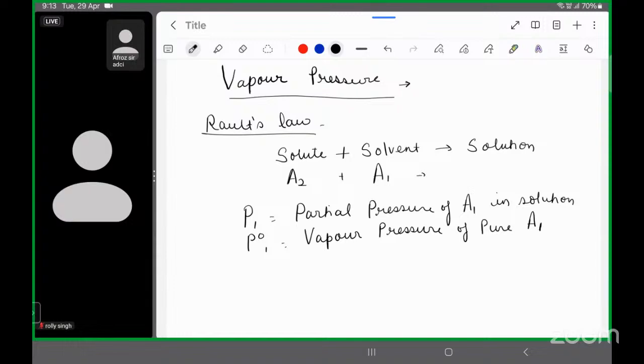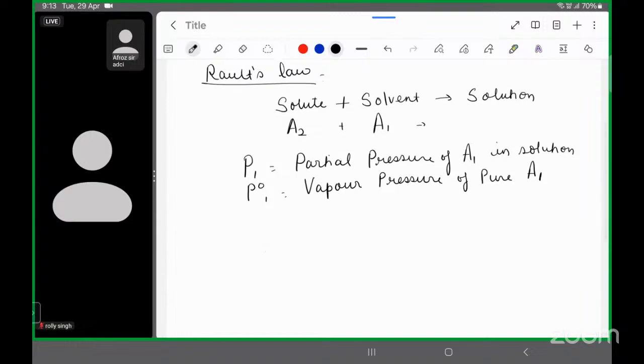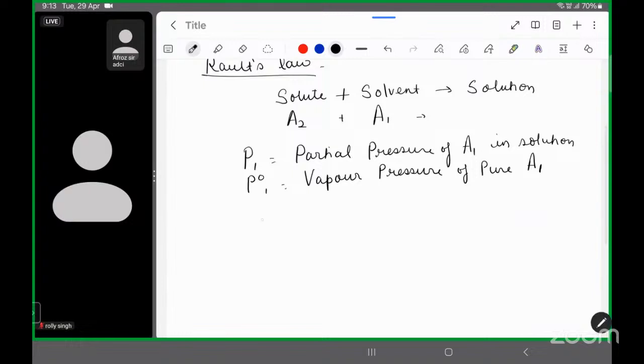When only water is there, it is called pure component water, and the vapor pressure exerted by the water is P naught of water. Now, according to Raoult's law, the partial pressure of any component is the vapor pressure of pure component multiplied by its mole fraction.